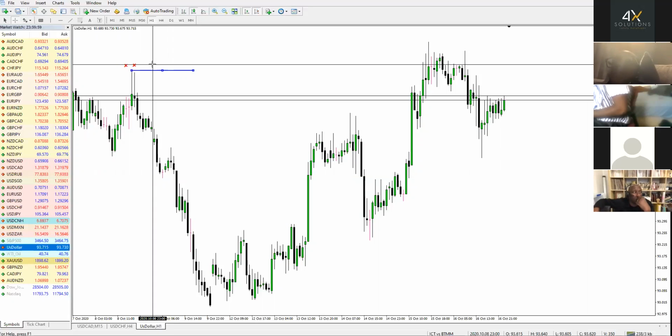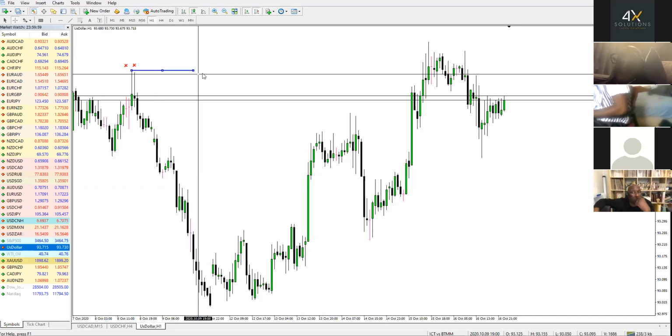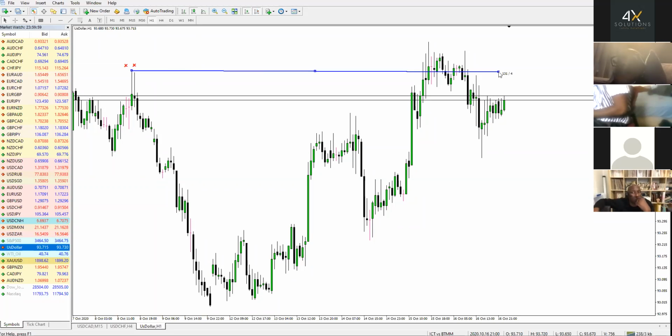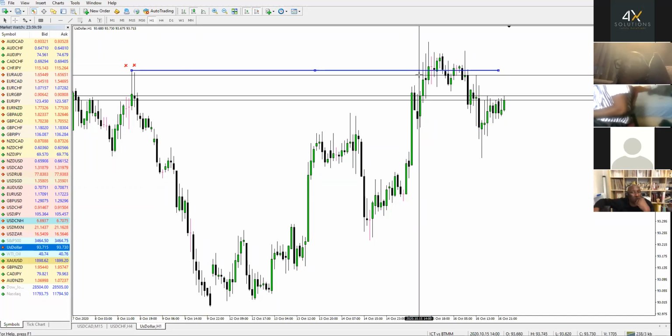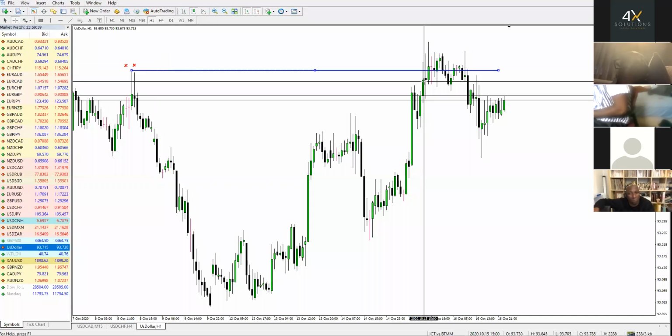Some liquidity with lots of equal lows will have a larger run against the trend. So if we look here and we pull this across, this large move upwards thrust. If you know anything about Wyckoff, it is UTAD, upward thrust after distribution.